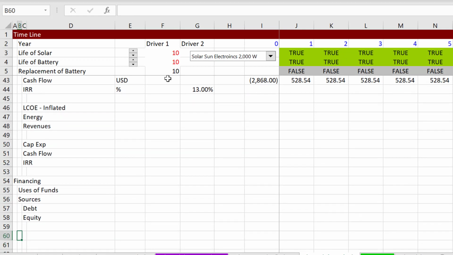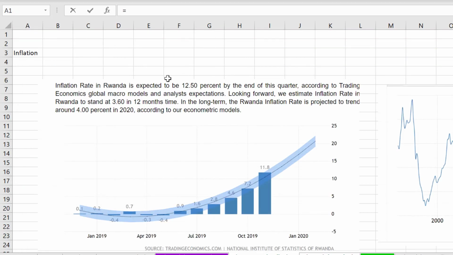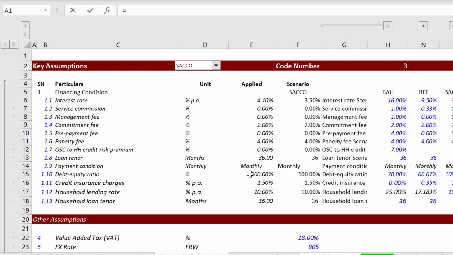And once we have the uses and sources of funds, we'll put the debt repayment. Once we have these, these drivers will all come from the financial assumptions, and it will always come from this applied one up here.